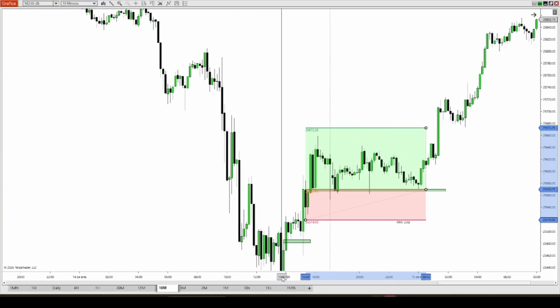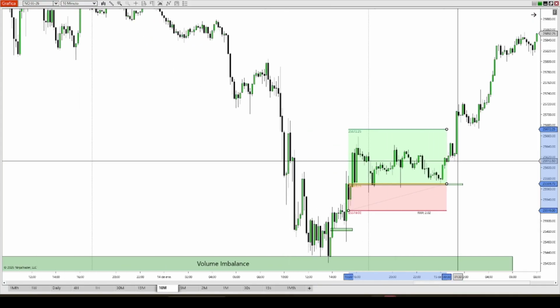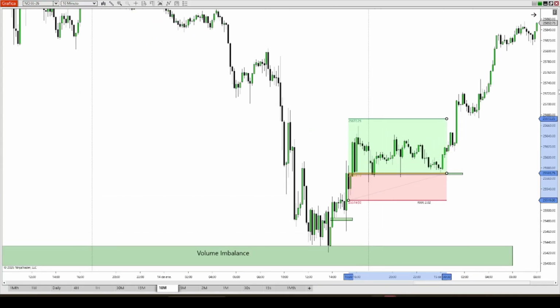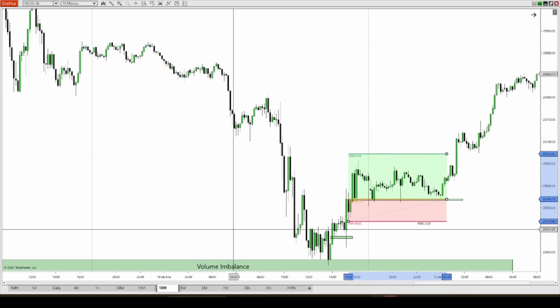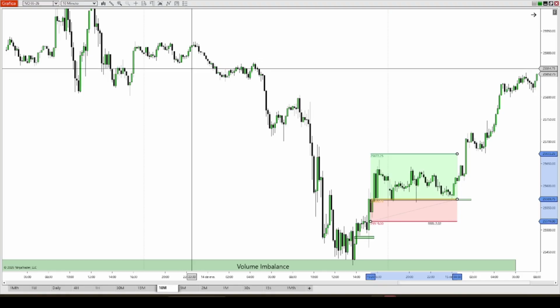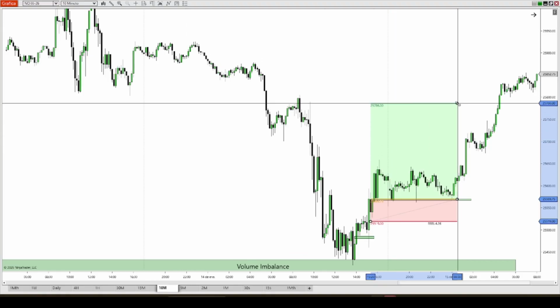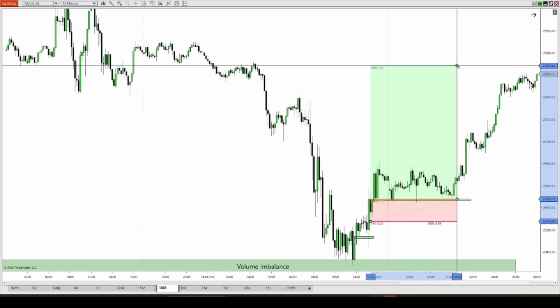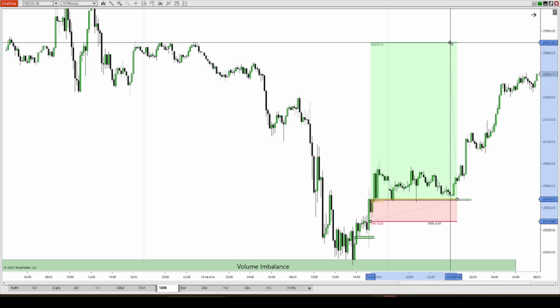So if price was looking for buy-side liquidity, we look at the chart to see where those liquidity levels are. We can see that we have previous highs there, there and there, and finally, what's that? Those are relative equal highs.